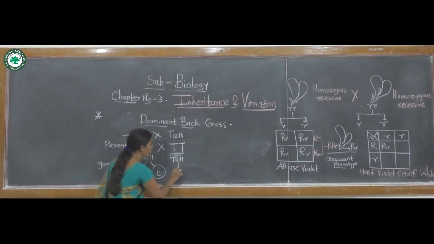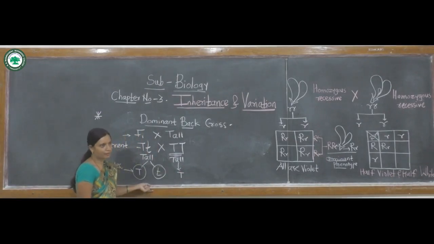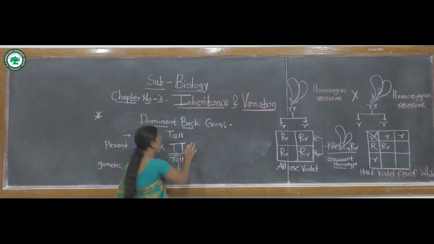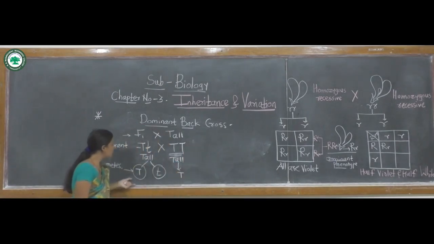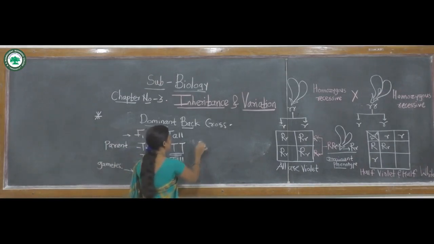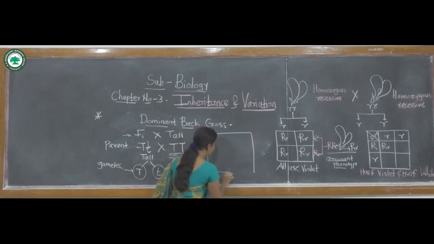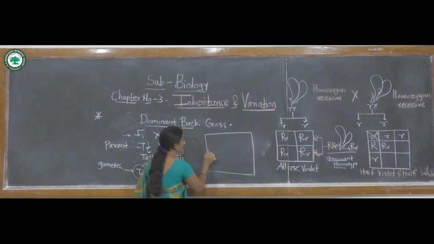And the other plant is a tall plant, capital T. In this dominant back cross, the gametes formed are capital T, small t and capital T. Selfing of the F1 hybrid produces the F2 generation.